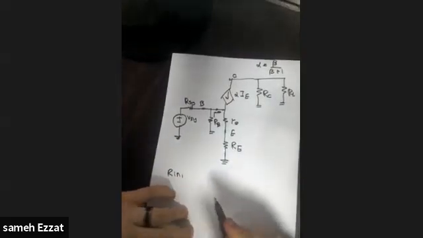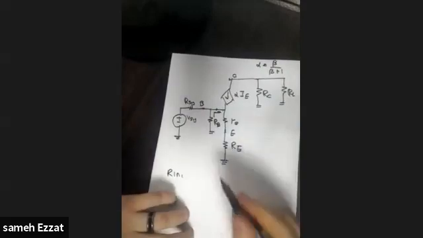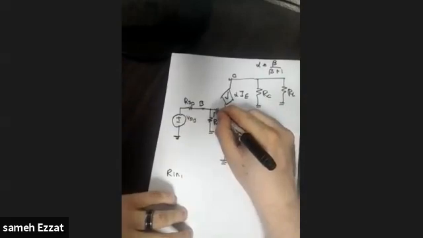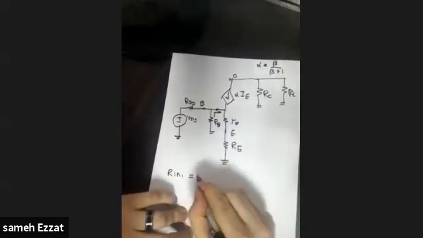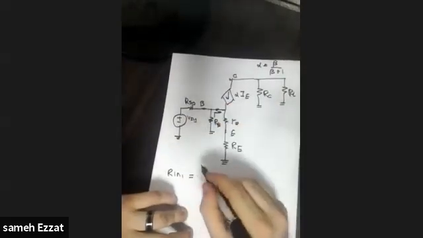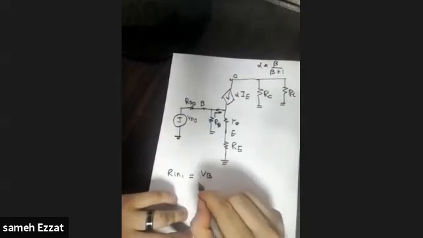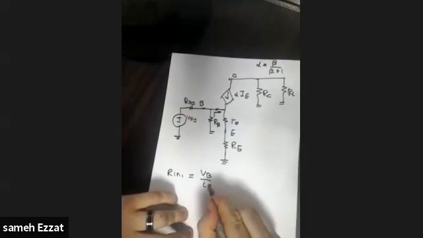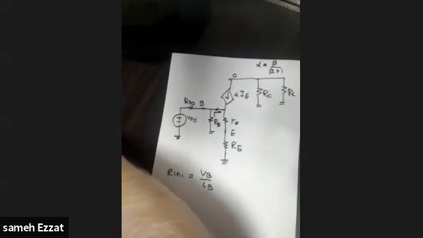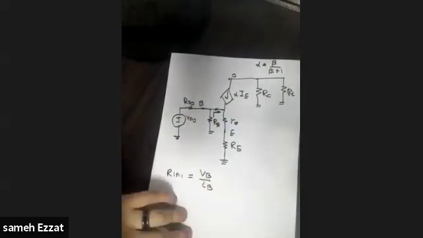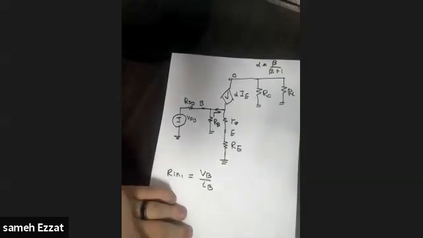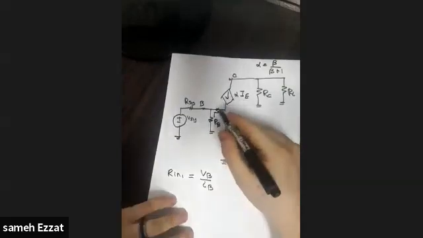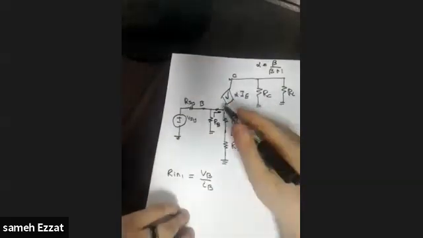Any resistance is voltage over current. So the resistance at this stage is simply the voltage drop here, which is VP, because this is the voltage on the base, that's right, over the current here, which is IP. So this VP, you can call it V input or whatever, over IP.